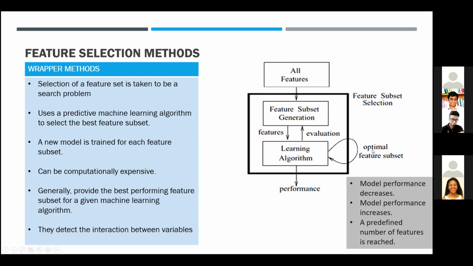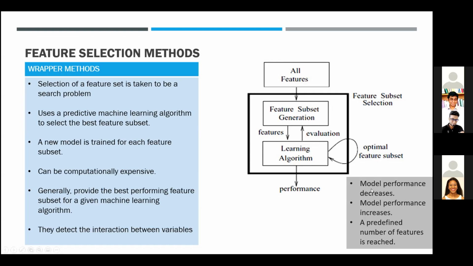How this optimal feature set is determined is that you have to specify a performance metric. You will do variations until you find a variation that has the maximum model performance. Because it's a search method, you add 1 by 1 or remove 1 by 1.